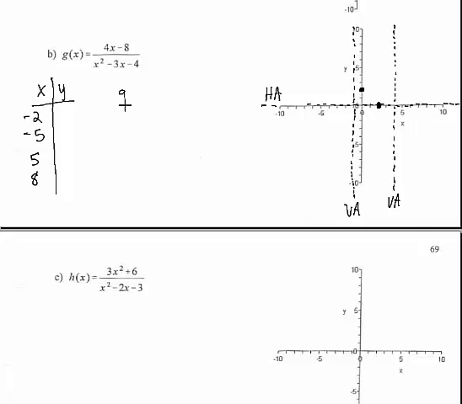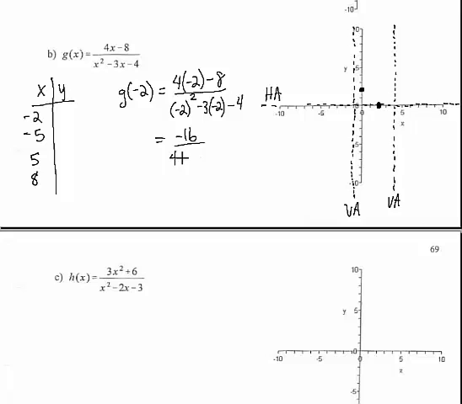Okay, so we want to calculate g of negative 2 first. So I have 4 times negative 2 minus 8, and on the bottom I have negative 2 squared minus 3 times negative 2 minus 4. This one's a little messy. 4 times negative 2 and then subtract 8 would be negative 16 on the top. On the bottom, negative 2 squared is 4.